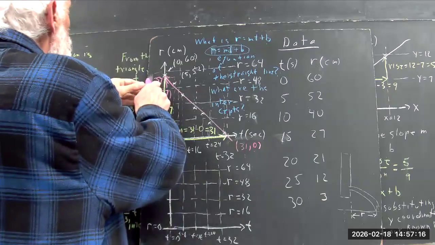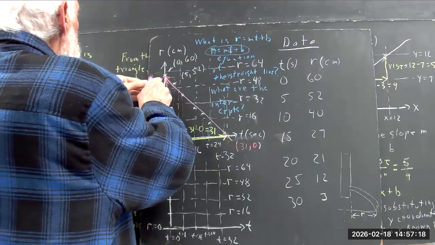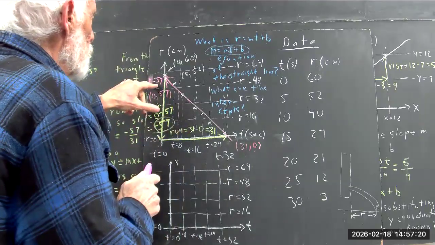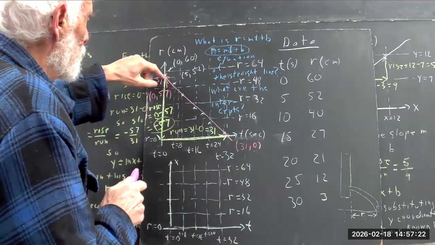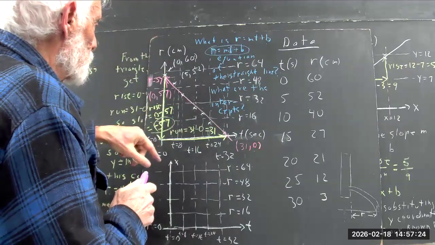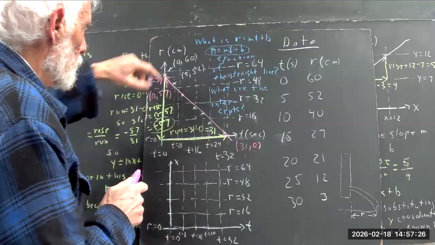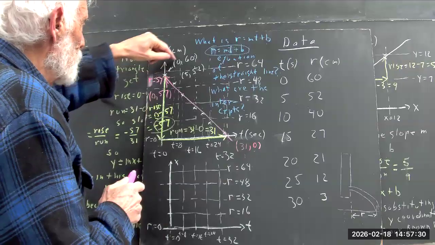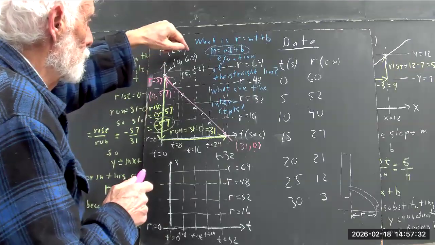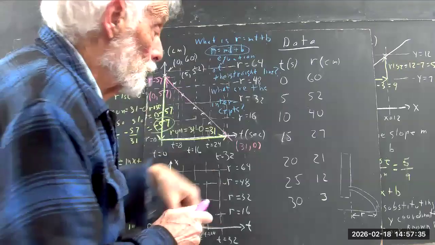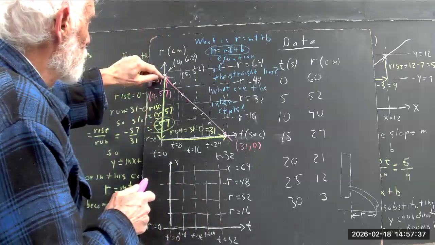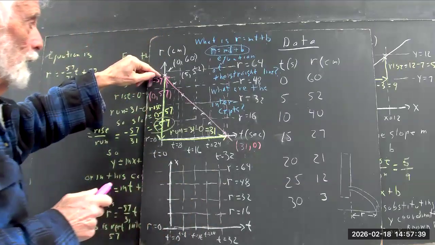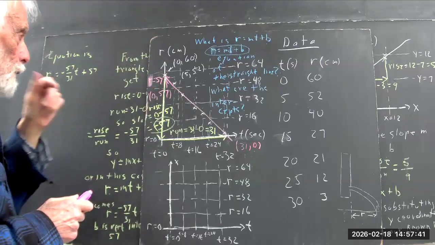I estimated that r is 57 where this line intersects the r axis. So this point here would be 0.57. Now, the point here is 0.60, corresponding to the first row, but the line hits a little bit lower than that point. So I estimated r equals 57.